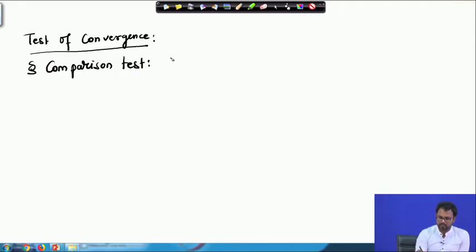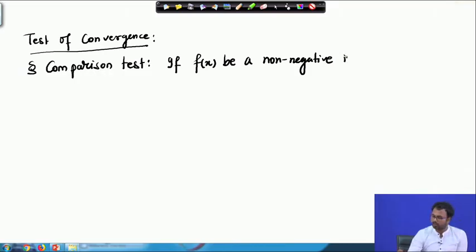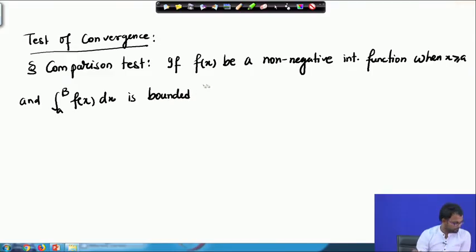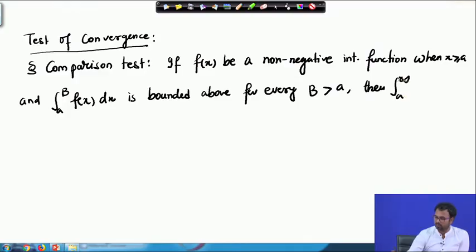And it says that if f(x) is a non-negative integrable function when x is greater than or equal to a, and the integral from a to b of f(x) dx is bounded above for every b greater than a, then the integral from a to infinity of f(x) dx will converge.